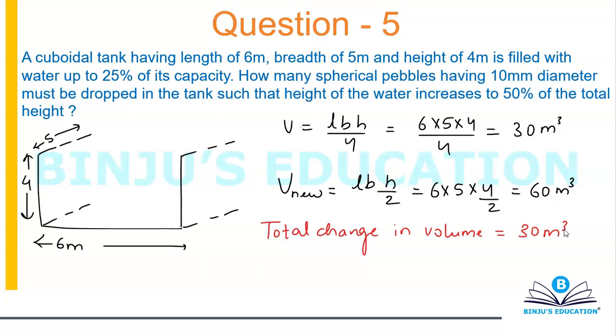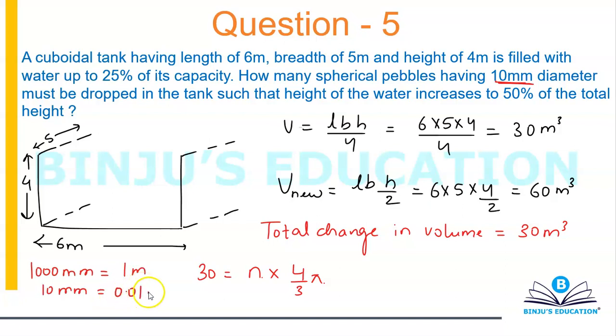So I can say that this change in volume, that is 30, should be equal to the total number of pebbles represented by n multiplied by the volume of one pebble, which is 4 by 3 pi r cube. I need to calculate the radius in terms of meters because till now I have been doing calculation in meters, so I need to convert this 10 millimeters into meters. 1000 millimeters is 1 meter, so 10 millimeters will be 0.01 meter.